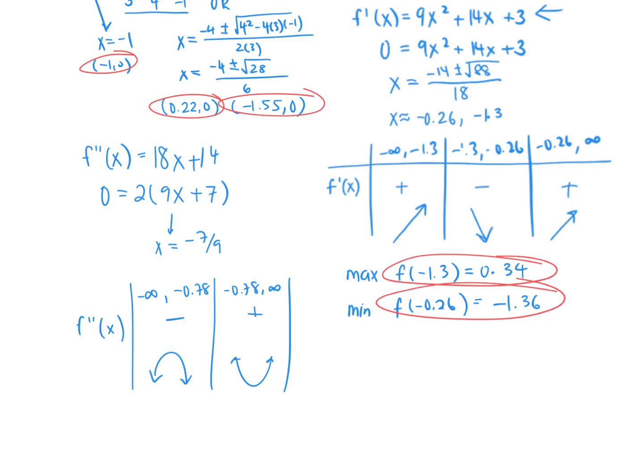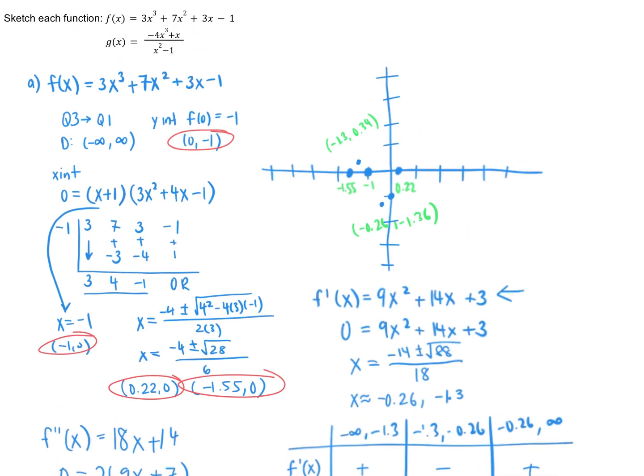And let's just get that coordinate. F at negative 7 over 9 equals approximately negative 0.51. Okay, so let's plot our final point and connect the dots.